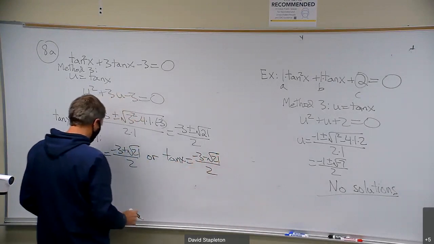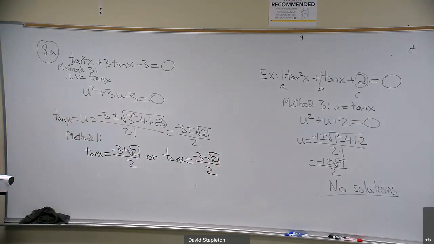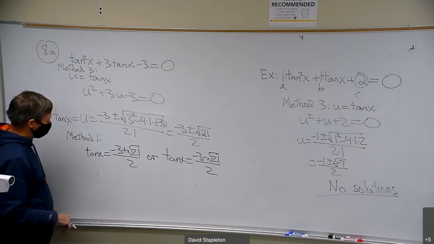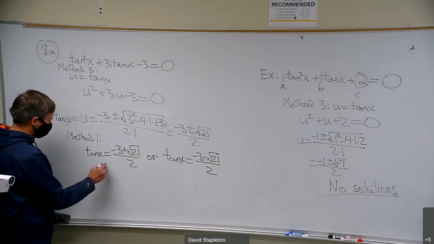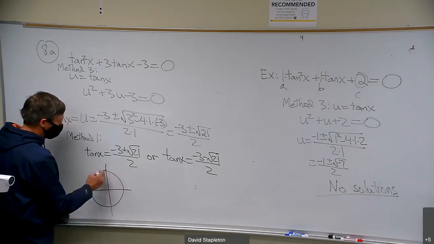How about that? So you just have to apply method 1 twice. And now, what's one solution to this? So this means solving on the unit circle, trig function equal to number.